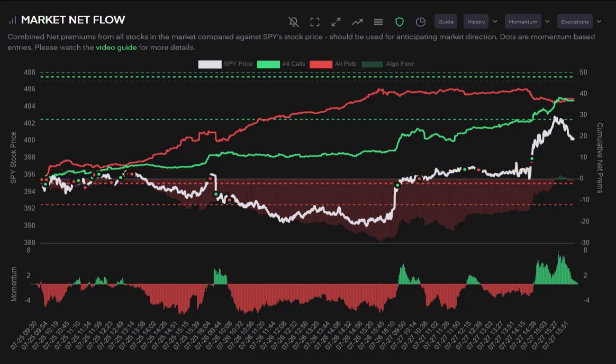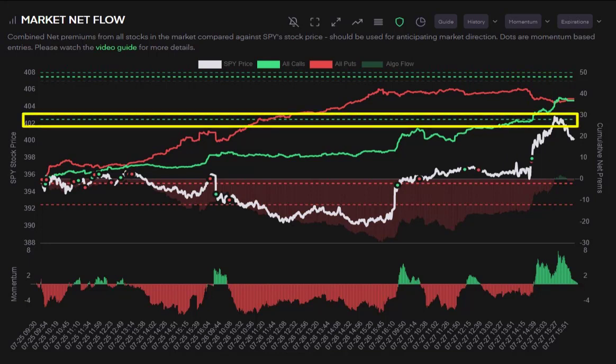Once the announcement came out, the Fed did what they were expected to do, the market rallied, and we could see that the put premium started to come down and the call premium increased. The interesting part was the market rallied right up to the next GEX level, which is about 402.5. This is approximately 4025 on SPX.